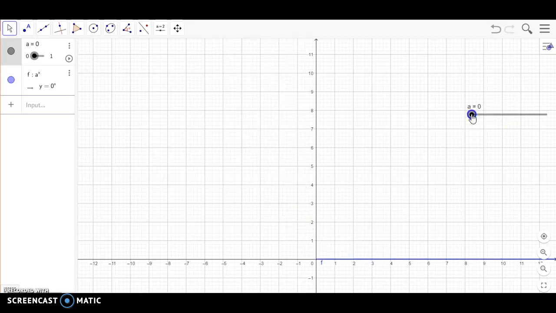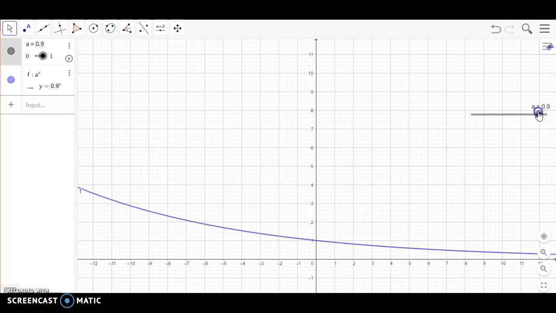And for 0, the software is just drawing the function as a constant 0 in the positive axis. But we don't care about 0. We want values that are strictly bigger than 0, between 0 and 1. So for instance, over there, let me move a little more so we see what's happening.